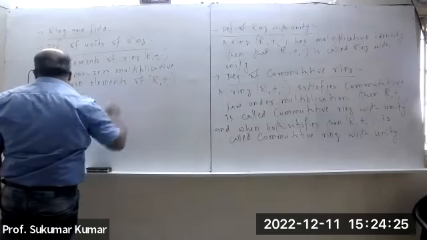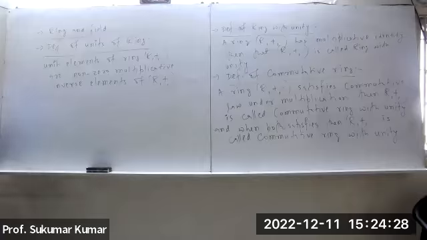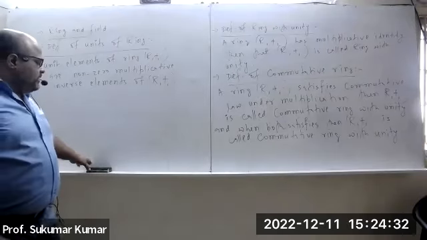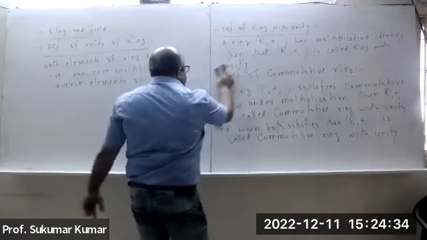A unit element of ring R means a non-zero element for which a multiplicative inverse exists in R, that is called a unit element.